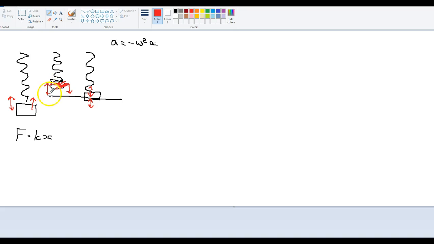Now that's okay if we just think of the force as being the weight. However, if you think of the force as being the tension in the spring, let's call it T, it's actually not kx, it is in the opposite direction, it's minus kx. So let's just keep that in our minds for a little time as we go forward.